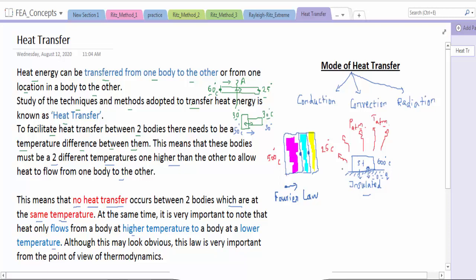Here the heat is transferred from solid to fluid. In conduction it is through the material, but here it is solid to fluid or vice versa. It can transfer from fluid to solid also. That is called convection.